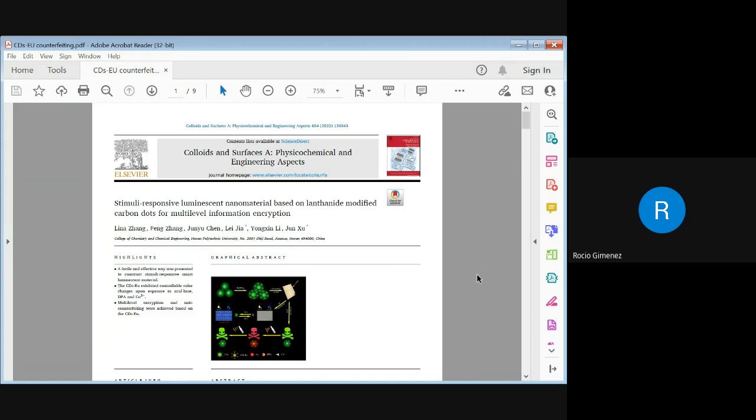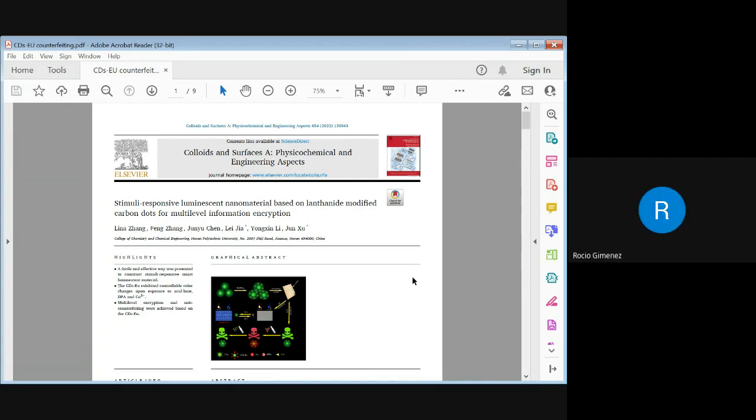Stimulus-responsive lanthanide anti-counterfeiting materials have become a research hotspot in recent years, but the problem is that most of them only demonstrate single stimulus responses. So in this paper, they are using carbon dots, which are carbon nanoparticles less than 10 nanometers in size.